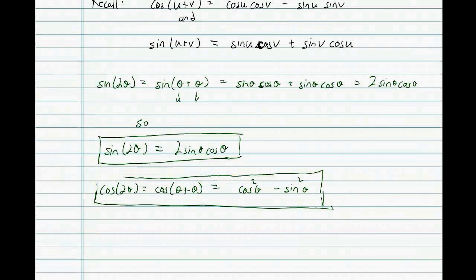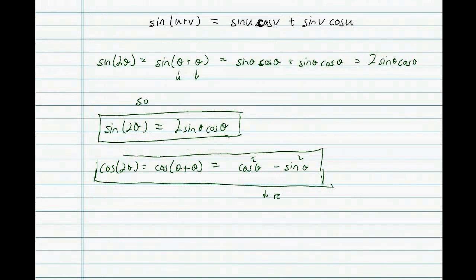The other ones we get by rewriting the right hand side using the Pythagorean identity, which says cosine of theta squared plus sine of theta squared is equal to 1. We solve that for sine theta squared, so sine of theta squared is equal to 1 minus cosine of theta squared, and then substitute that in for sine theta squared.